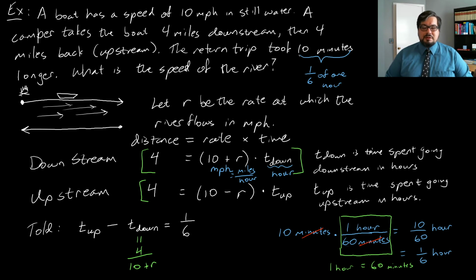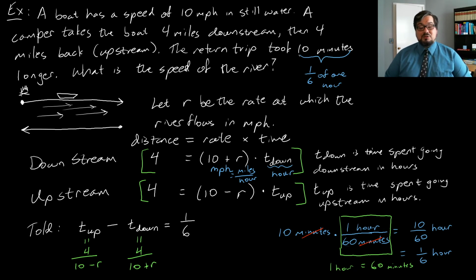And similarly, if I solve for t up in this upstream equation, I get that t up is equal to 4 divided by 10 minus r.